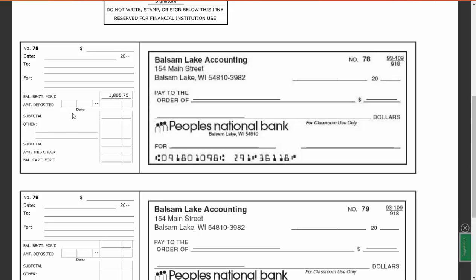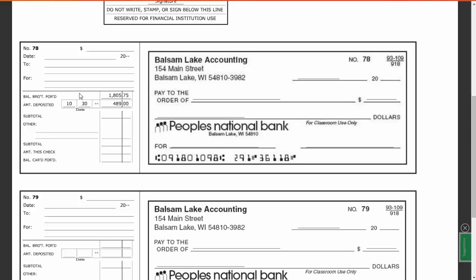The first thing I have to do is put in the date. I'm going to write in 10 because that is the month. Then I'm going to put the date as 30. Right here you would put in the year, but they put in dash dash. So we'd put in 14. And the amount of this deposit really is $489.00. So I'm going to put 489.00.